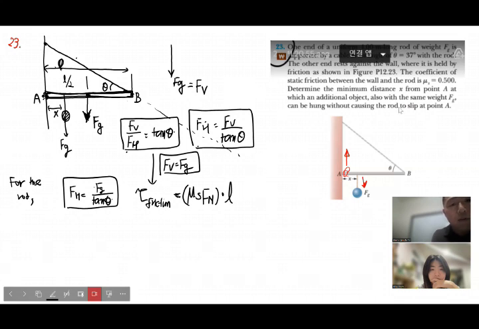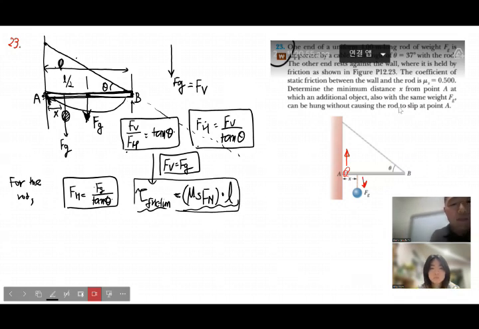If you think of B as the rotational axis, the center of the lever arm, the torque created by this force onto point A should be expressed by this formula.